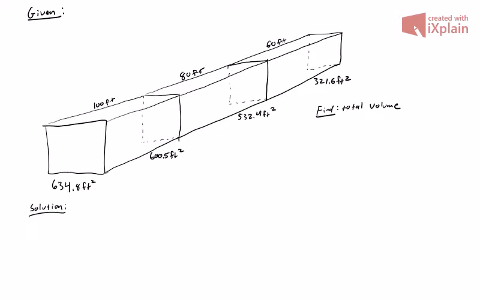So we have to look at the volume that's between the 634.8 square foot area and the 600.5 square foot area. Then we look at the volume between the 600.5 and the 532.4. And then we look at the volume between the 532.4 and the 321.6.